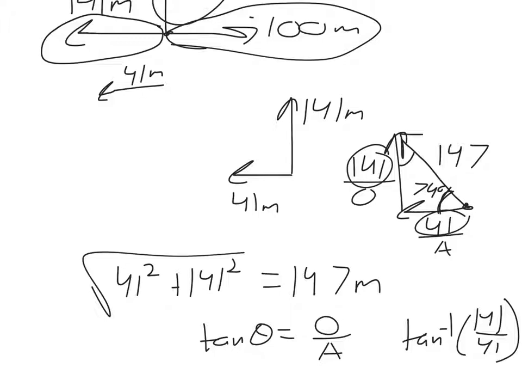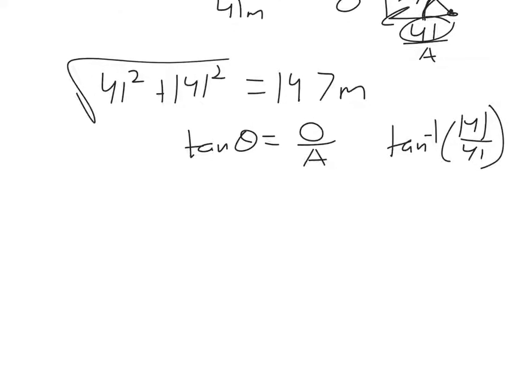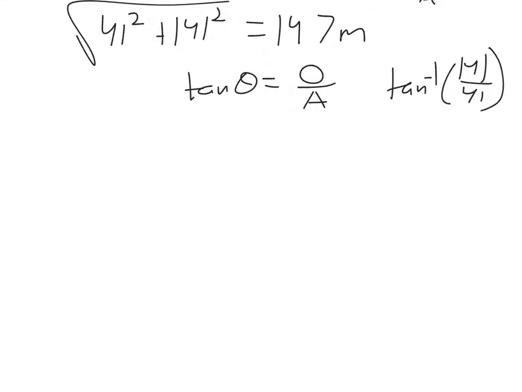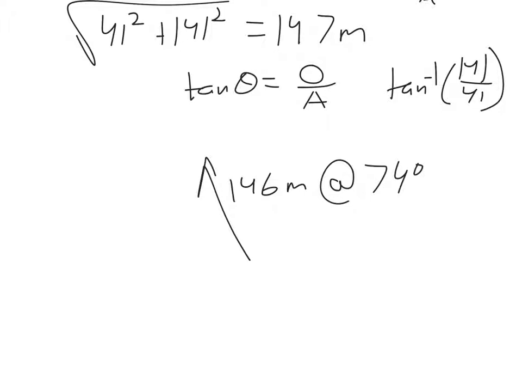Okay, so to put that into a statement here, that bird winds up traveling that distance, which is 146 meters at an angle that is 74 degrees. And let's say where we're measuring it, that 74 is measured above west, so that's north of west.